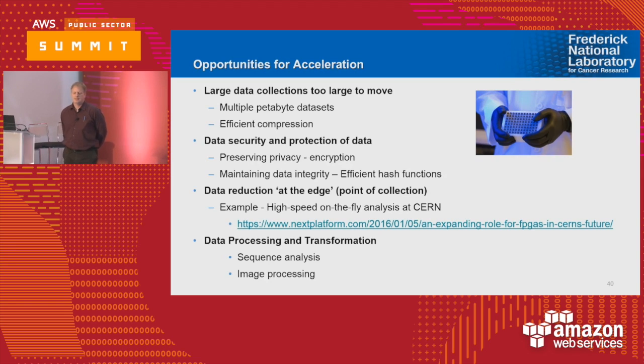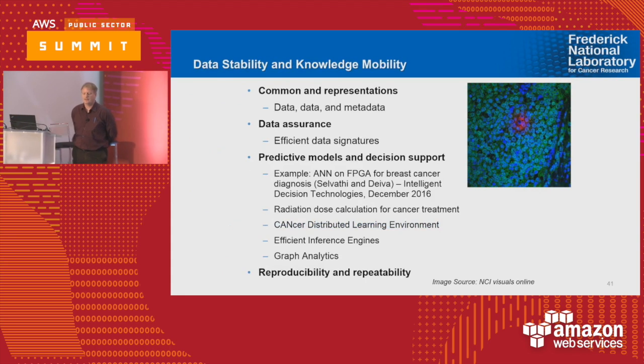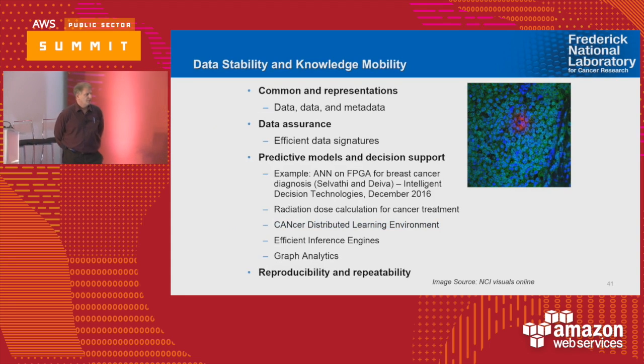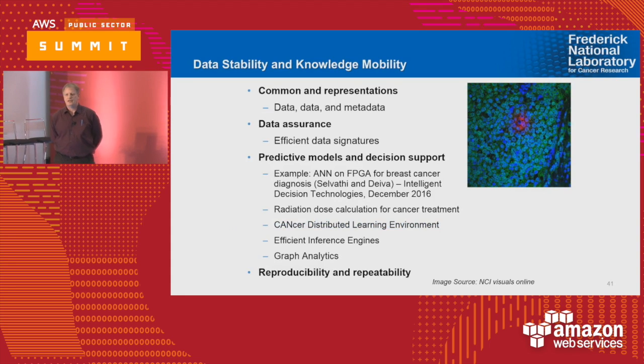And ultimately, data processing and transformation is taking these large data sets and getting the value out of them, changing their representation, changing their forms. Image processing is a key one. In particular, you'll notice in the middle that FPGAs are being used in artificial neural network inference engines. We've already seen that as an example in David's presentation.